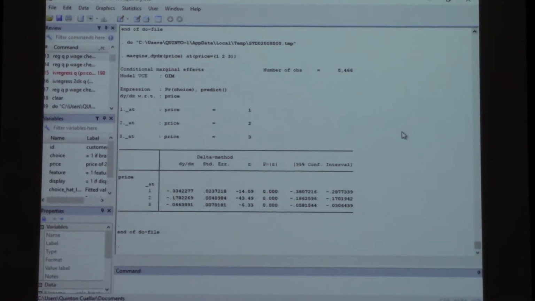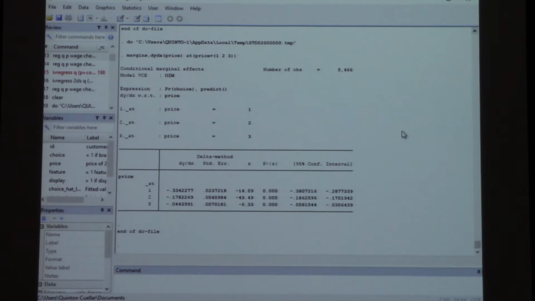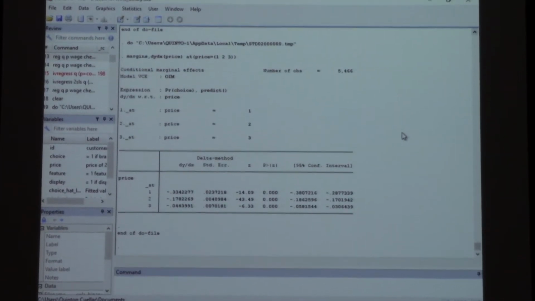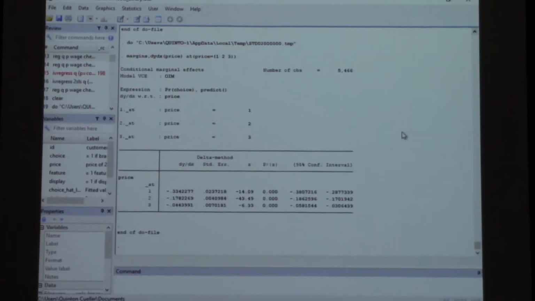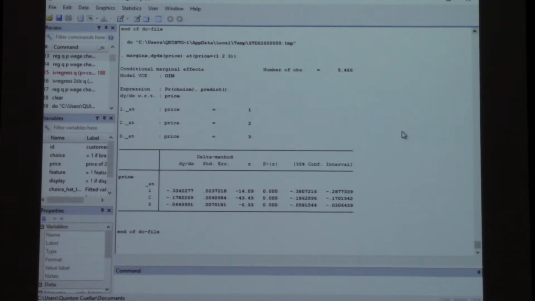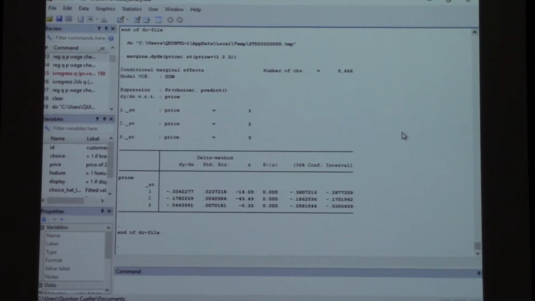So we're going to evaluate the slopes, the marginal effects. And again, to get the marginal effects, we're using margins, but we're going to look at the change in the probability of purchasing resulting from a change in price, and that's what that dy dx is telling us. And the price in the parentheses is telling us to evaluate the marginal effects of price. It's the only continuous variable. And it's telling us to evaluate it at 3 points. Price of $1, price of $2, price of $3.